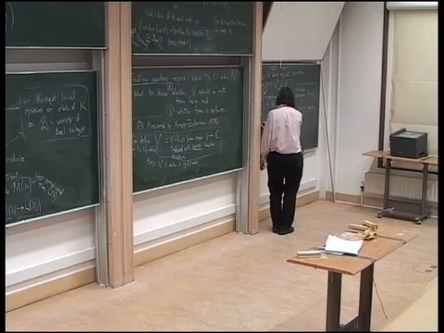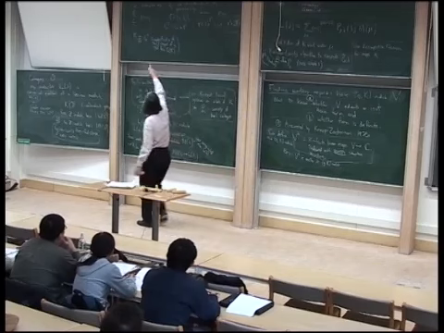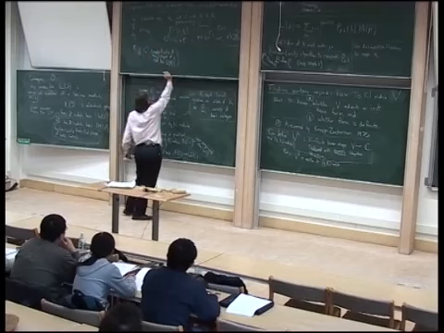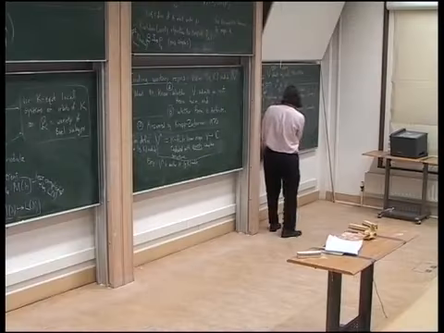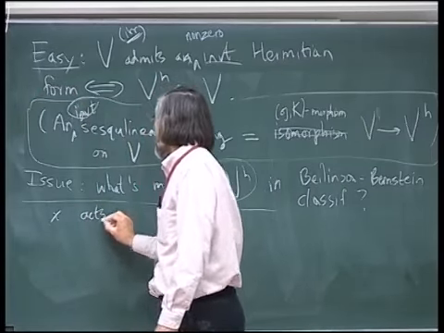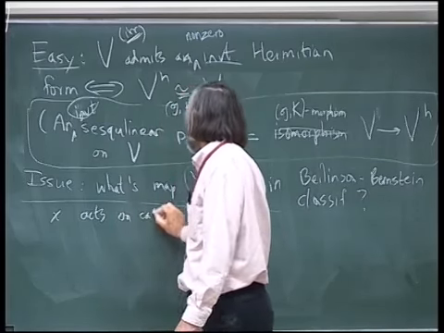What happens is, remember, I constructed this group K using an element X. So X acts on the category of GK modules.